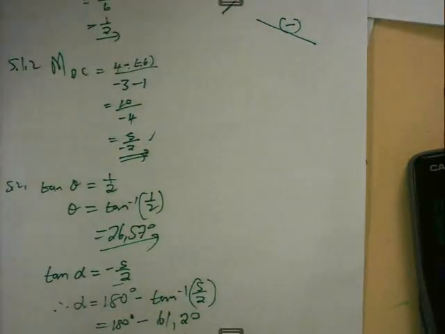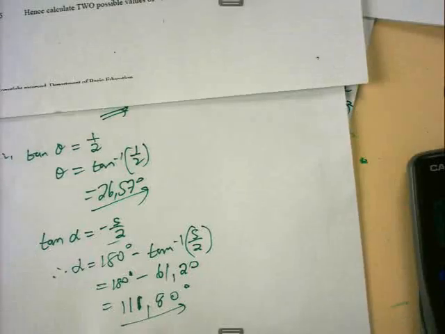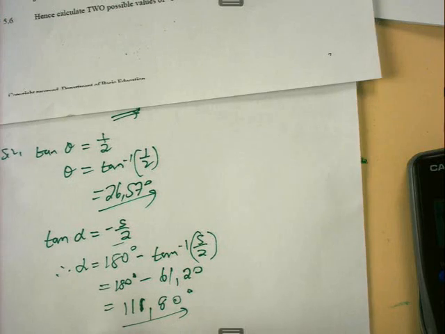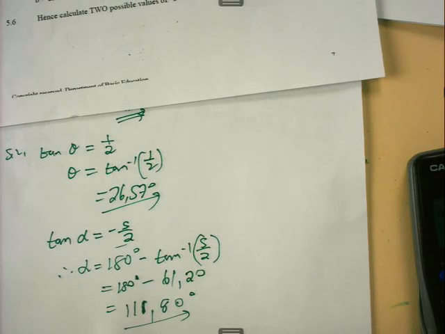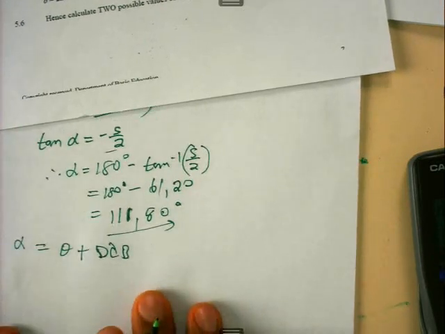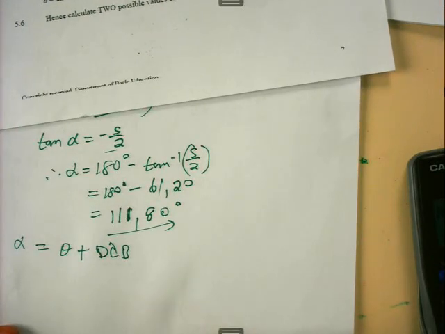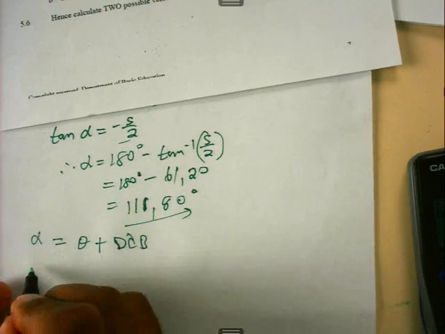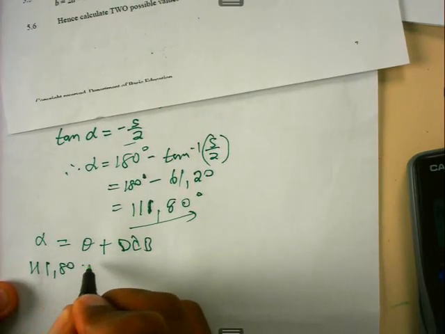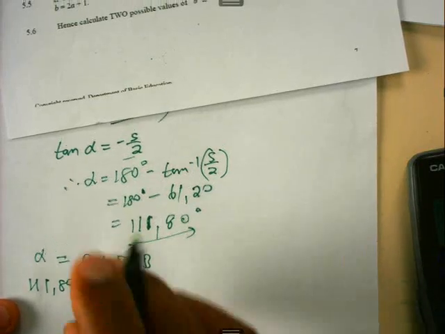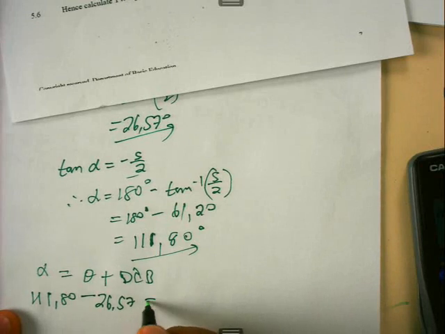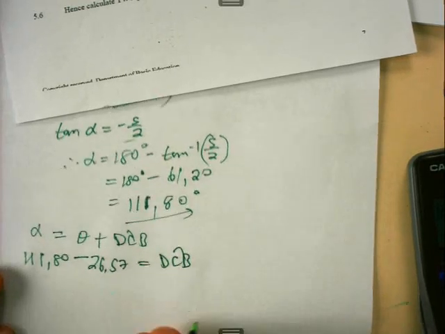Now I can say the angle alpha here is equal to theta plus DCB. Alpha is equal to theta plus DCB. Therefore, alpha is 111,80. Now we subtract theta. What is theta there? It's 26,57, which gives us DCB.